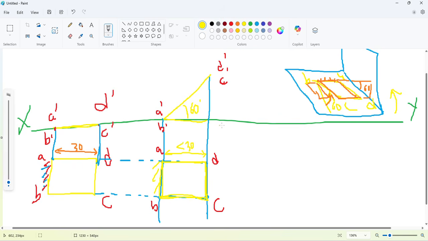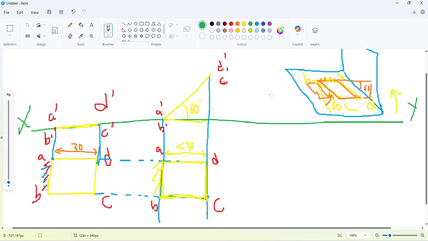Now the next, third step. The previous condition was, first, it is resting on this edge, and second, while resting on this edge, it is making 60 degrees with the HP. The third is, while resting on this edge, this rectangular surface, along with the 60 degree angle with HP, is also making an angle of 45 degrees with the VP.